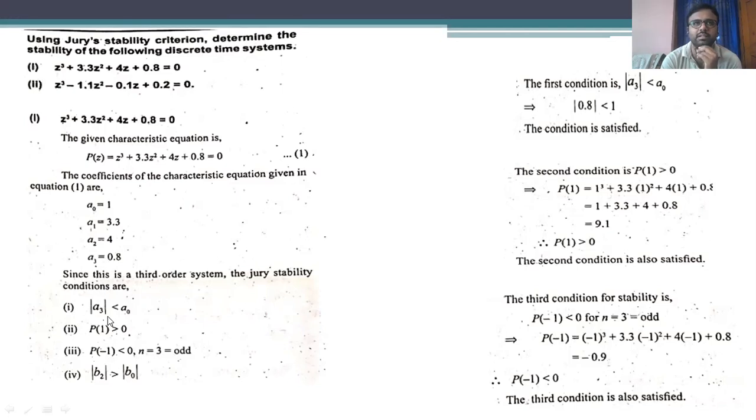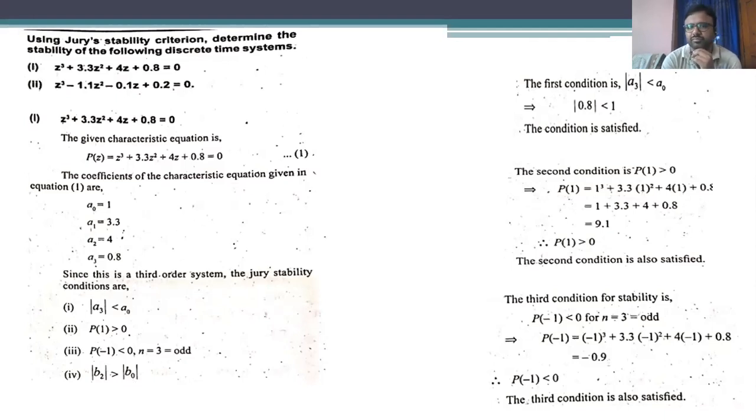So the n-1 constraints change to a3 should be less than a naught, and b2 should be greater than b naught. These are the conditions to be satisfied.